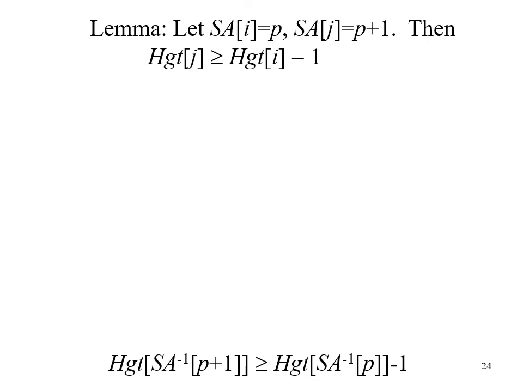So how to prove why we obtain an increasing sequence? Consider this lemma. Let I and J be indices of the suffix array such that SA[I] is P and SA[J] is P plus 1.